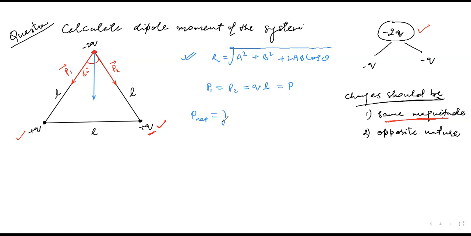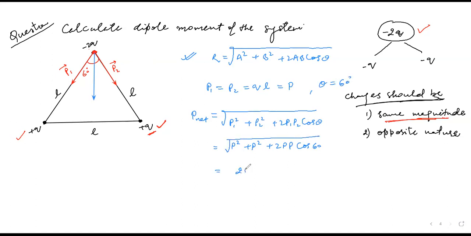The net value will be root of P1 square plus P2 square plus 2P1 P2 cos theta. We can write here P1 and P2 as P. It is P square plus P square plus 2P into P cos theta. This theta is actually 60 degree here.